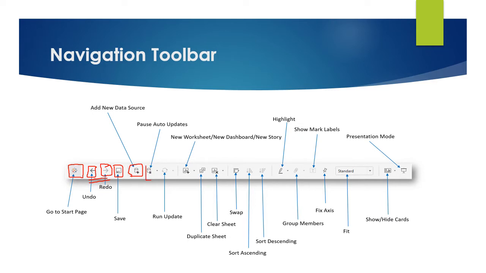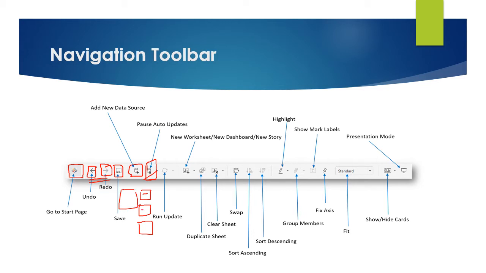Using this button right here, you can pause auto updates. So basically what this does is, let's say you have a filter on your dashboard and you have multiple filters and you want to change the view. So if you were to make a change over here, your dashboard will try to render the view.